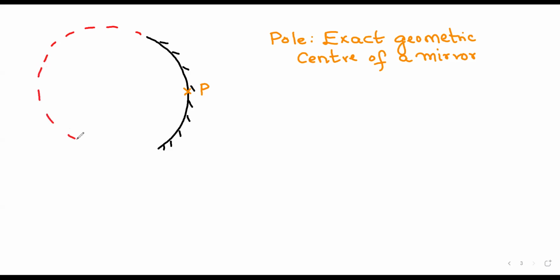We will complete that sphere, and the center of the sphere of which this mirror is a part, we call it as center of curvature. Center of curvature, we call it as C. What is center of curvature, children?